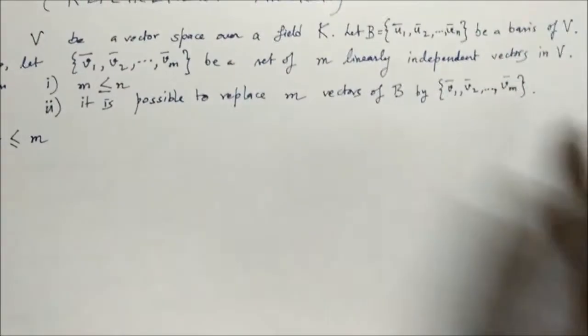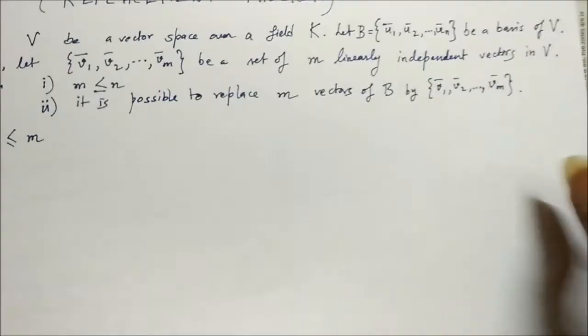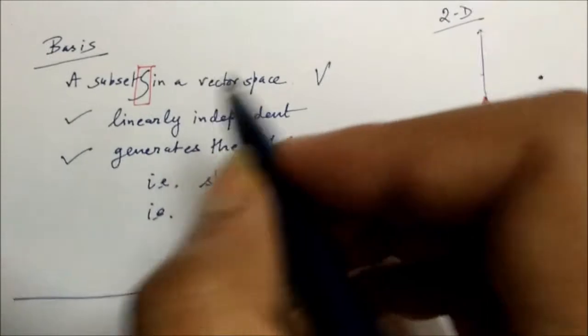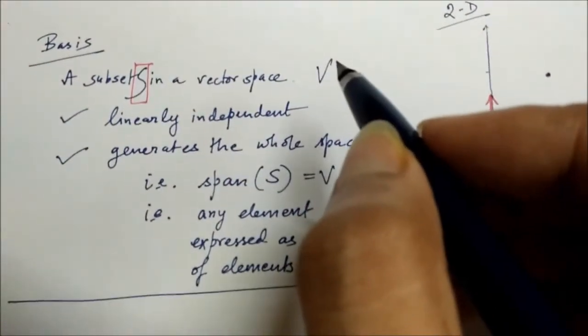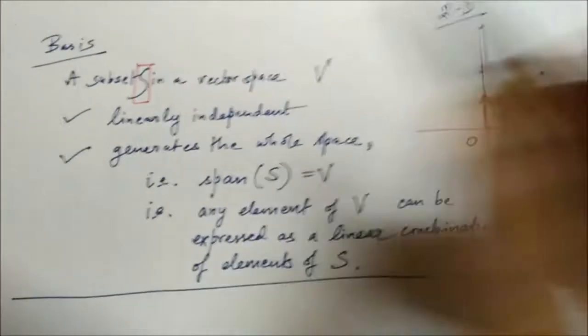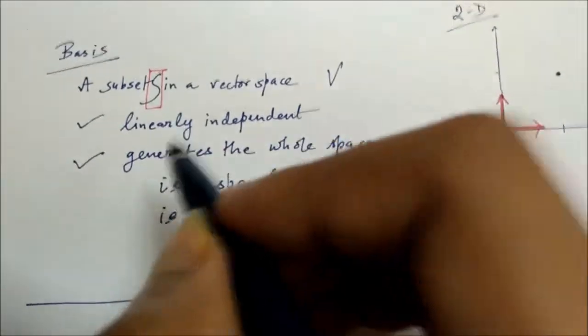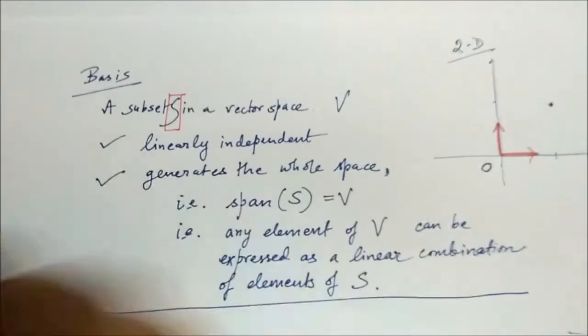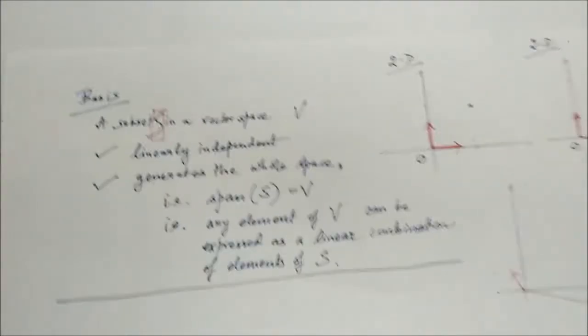Okay, let us go back to basics, or shall we say basis. What is the basis of a vector space? It is a subset S of the whole vector space which must satisfy these two properties. They have to be linearly independent. It's absolutely necessary.